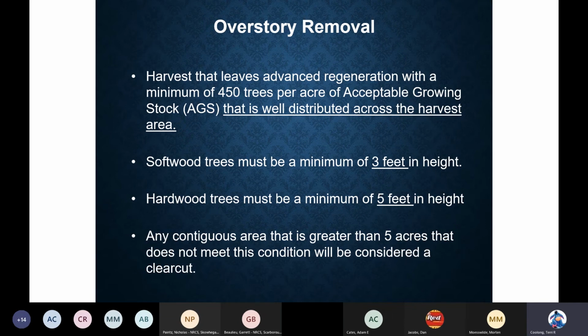The softwood trees that are there have to be a minimum of 3 feet in height, and the hardwood trees must be a minimum of 5 feet in height. And if you have areas in there that are greater than 5 acres that don't meet this condition, then you probably will have a clear cut embedded within your overstory removal.